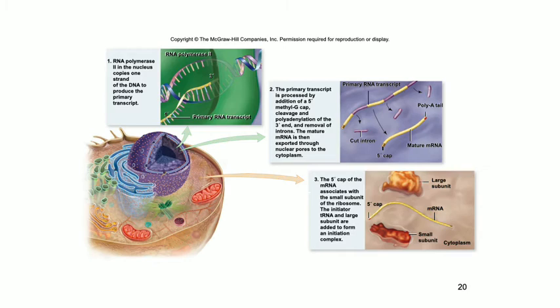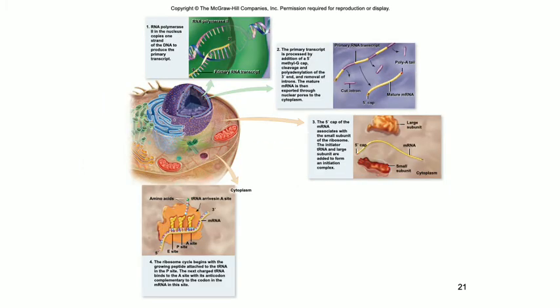The primary transfer RNA carrying methionine, the first amino acid, is going to come. Then the large subunit will close on top, and that will begin the translation process in the cytoplasm. After reading the first codon, which will be AUG, all the following codons will be read, and the appropriate tRNAs are going to bring their appropriate amino acids.